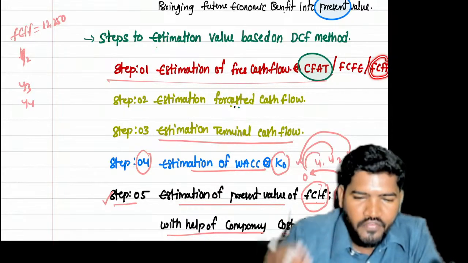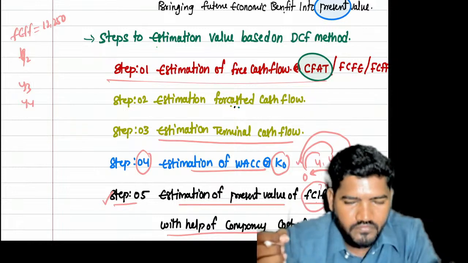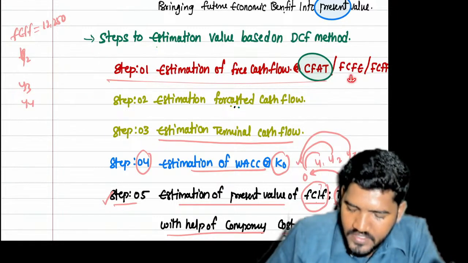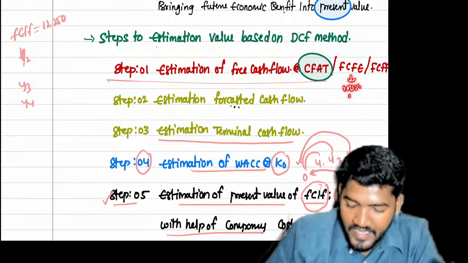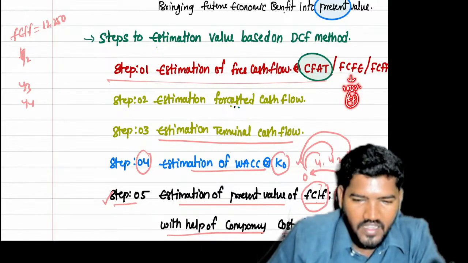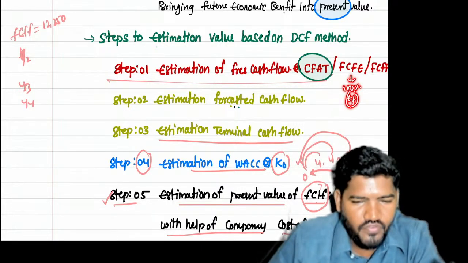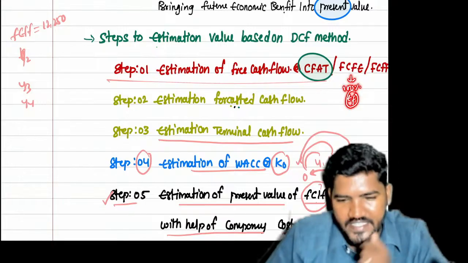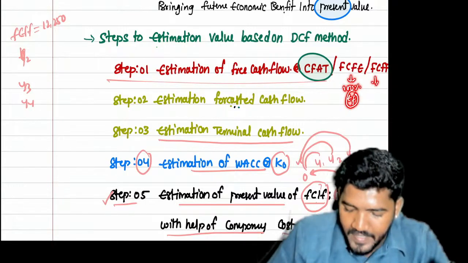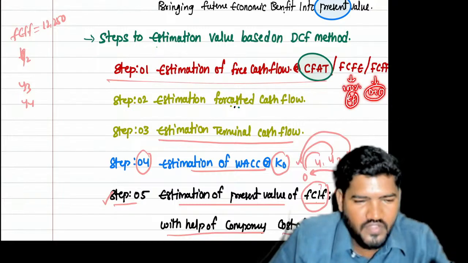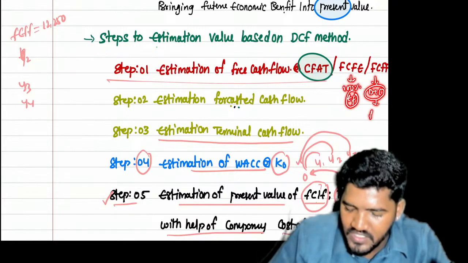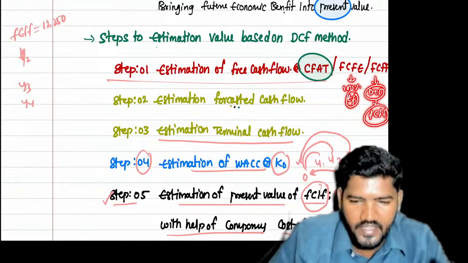FCFF means free cash flows to the firm. A company raised with 100% equity is known as an equity firm, and the cash flows you find out from that company's point of view are known as FCFE. If a company has debt plus equity capital and you figure out its cash flows, that is called FCFF.